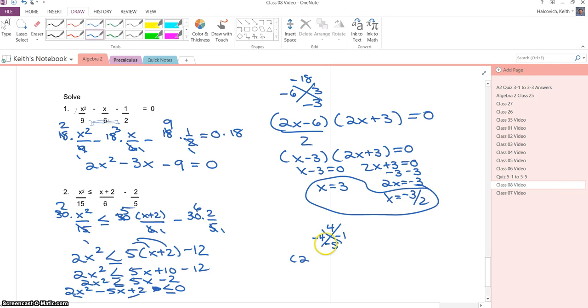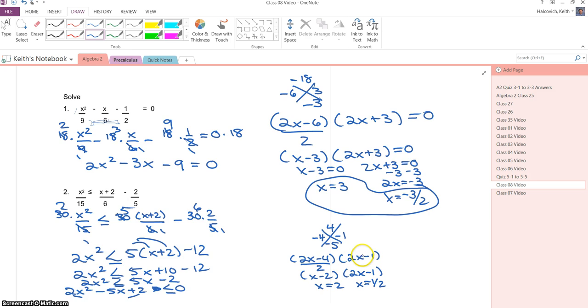So it's 2x minus 4, 2x minus 1. Divide by 2 here, you get x minus 2 and 2x minus 1. And that means that x equals 2 and x equals 1/2. Those are the numbers that would make them equal to 0.